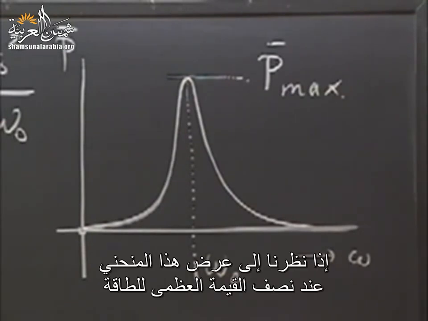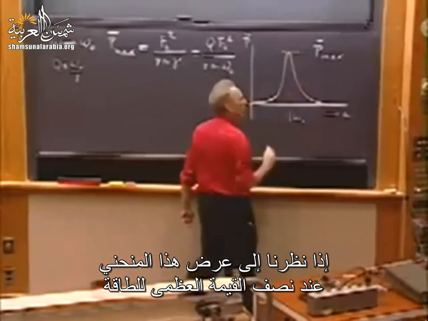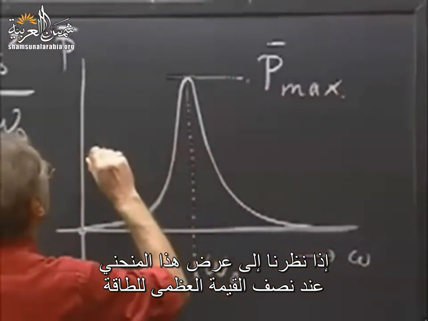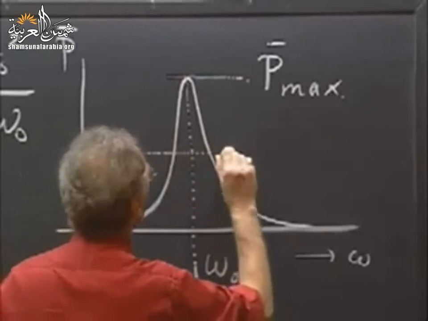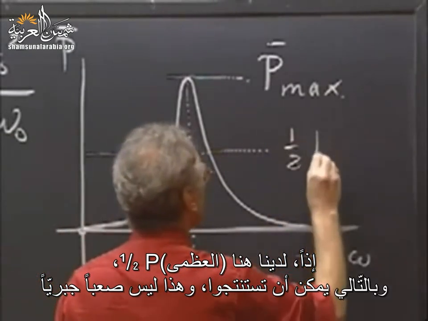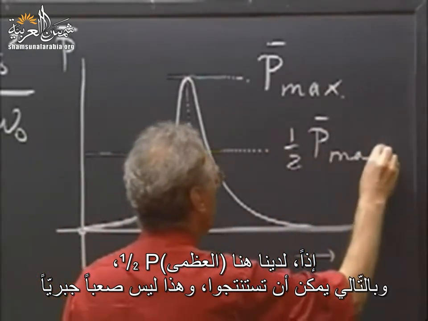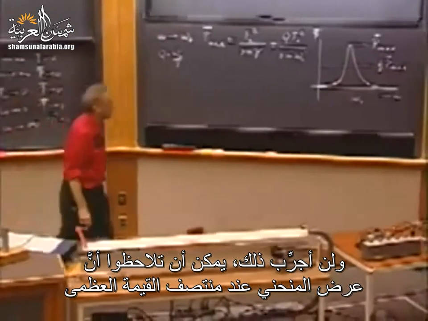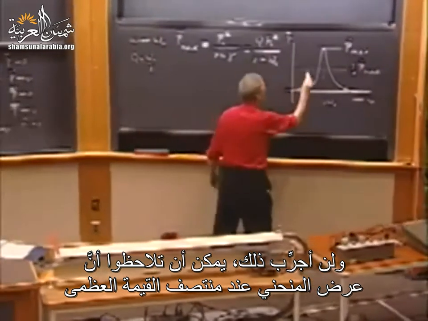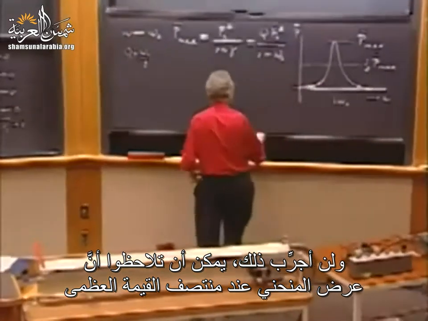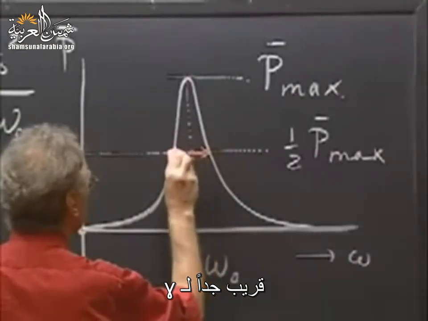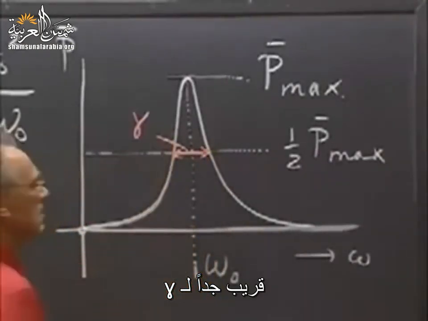If we look at the width of this curve at half maximum of the power, so this is 1/2 times P maximum, then you can show, and it is not so difficult algebraically, but I will not attempt it, that the width at half maximum is very close to gamma.